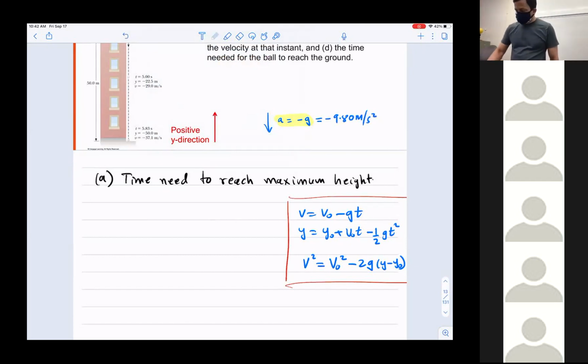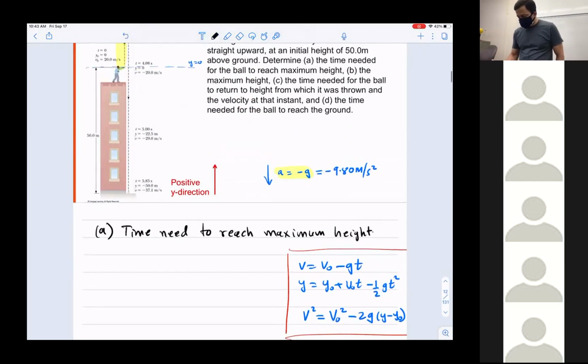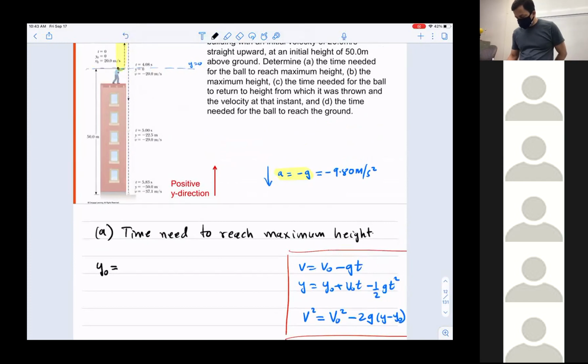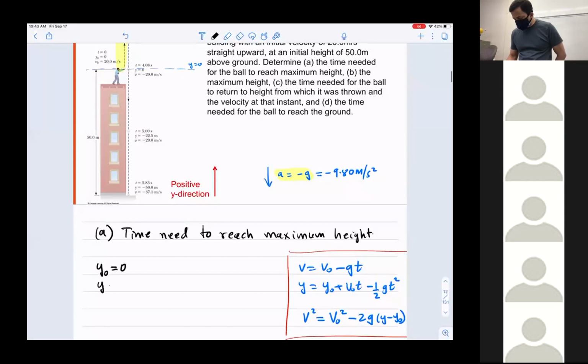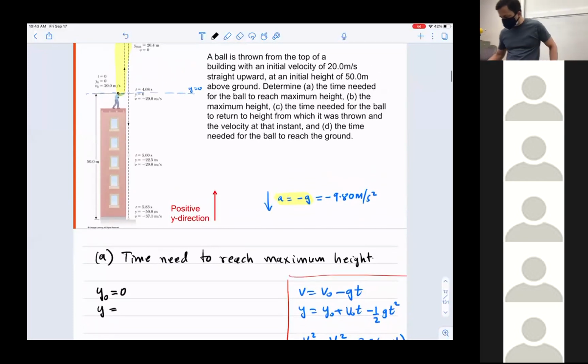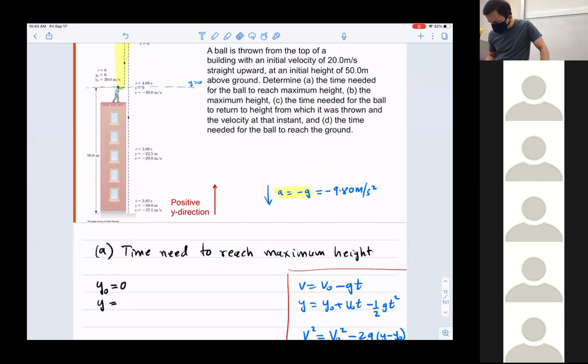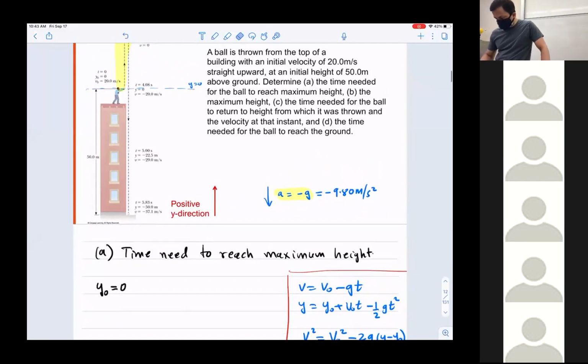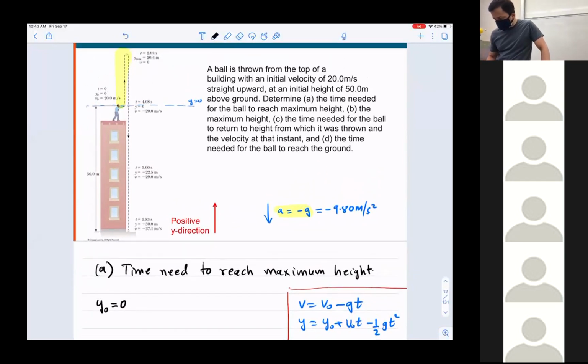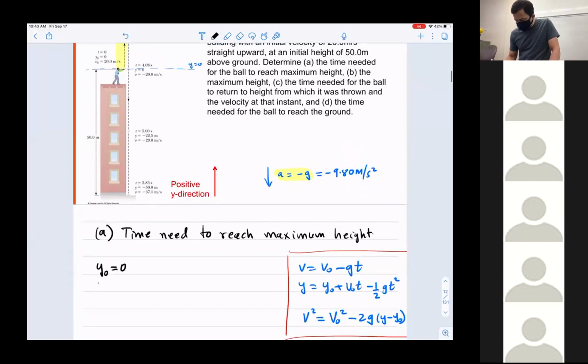So let's collect some information. We are told that y naught is 0. And then y is what we need. y is not given to us at the moment. We are told that the initial velocity is 20 meters per second. So that means v naught is 20 meters per second.